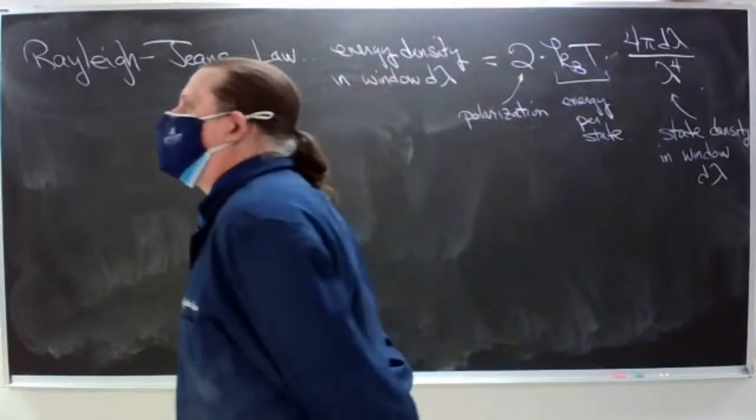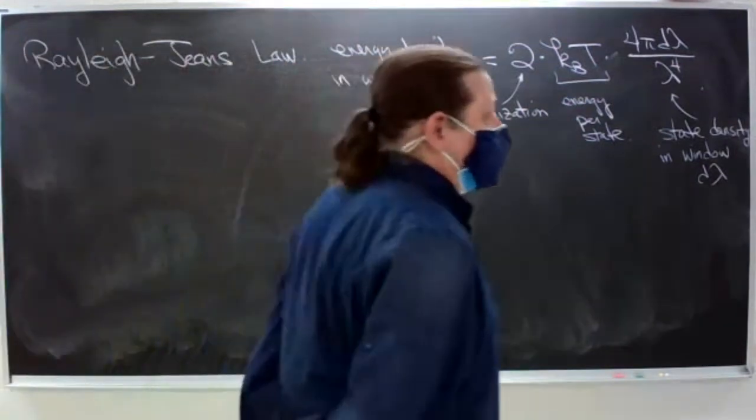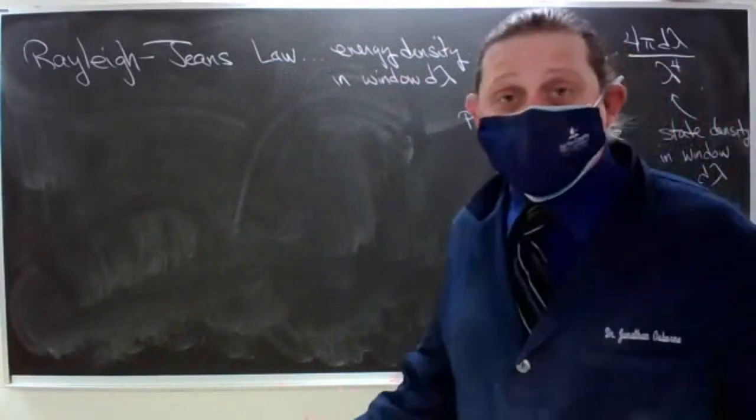So in order to find our way out of this discrepancy between theory and experiment, what we need to do is we need to look to experiment and say, well, what is it that we do see?